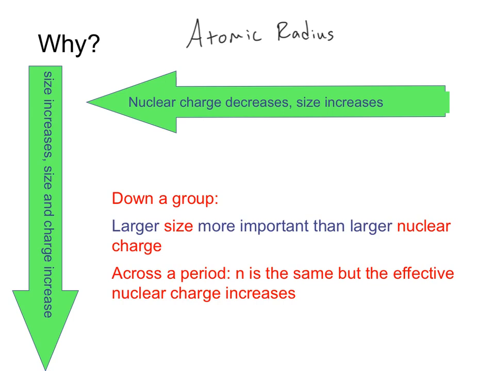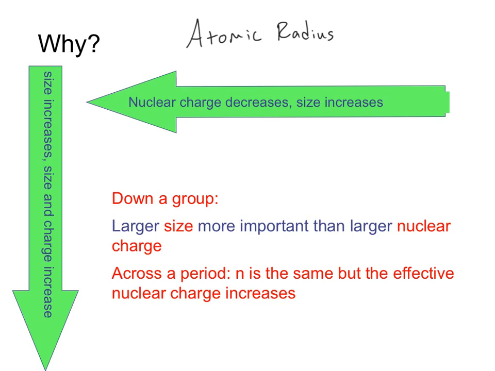First, let's think about what happens as we move from side to side in the periodic table. As we go from left to right, our effective nuclear charge increases. And so that means that the pull on those outer electrons increases. And so as we go left to right, our size is actually going to decrease.